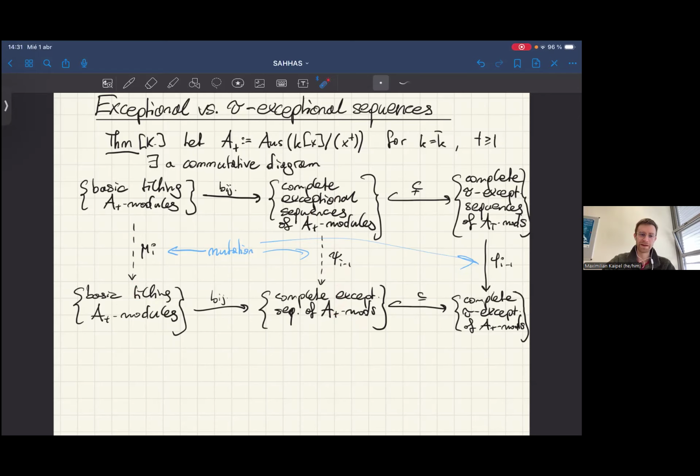All right. This reminds me a bit of this paper by Buan, Thomas, and Wright, I think. Three kinds of mutation. Are you saying that this agrees in a way? I guess, do they show something similar for hereditary algebras in this paper? I think maybe. But these mutations, they didn't always agree, right? I mean, the mu is like the mutation for cluster algebras, and then they have a.